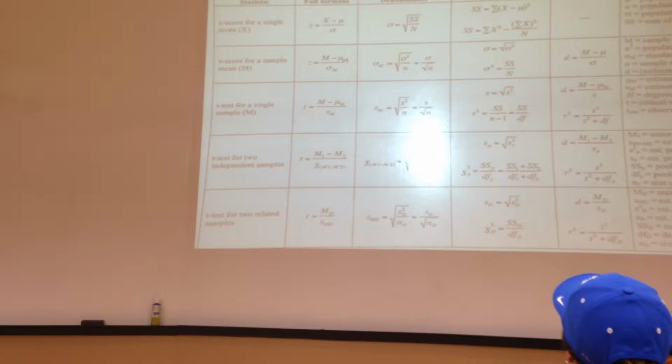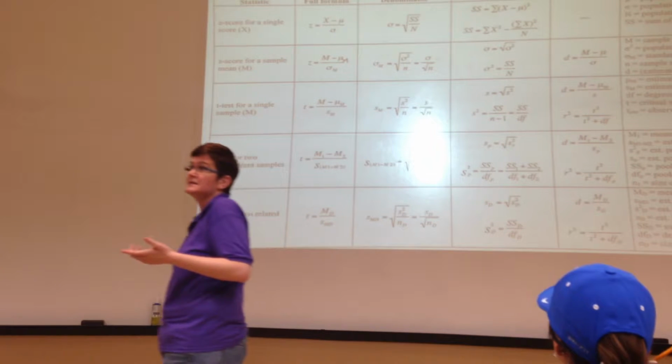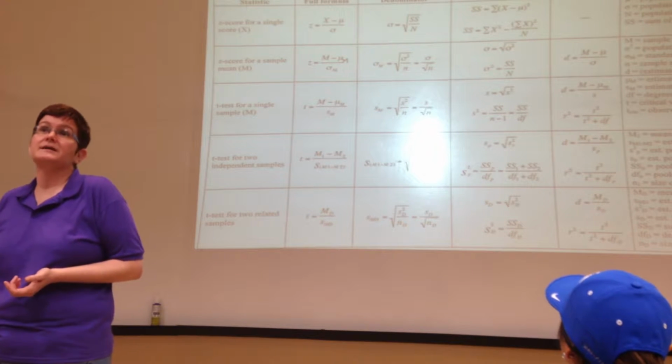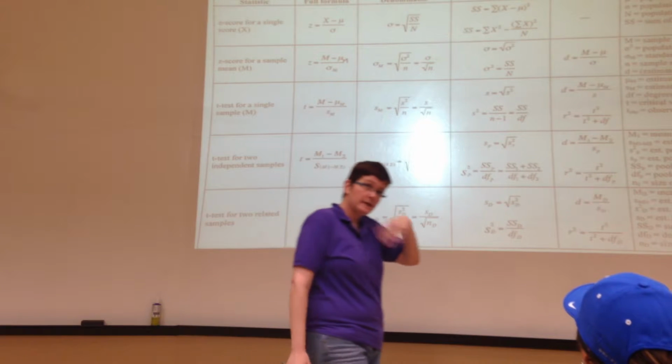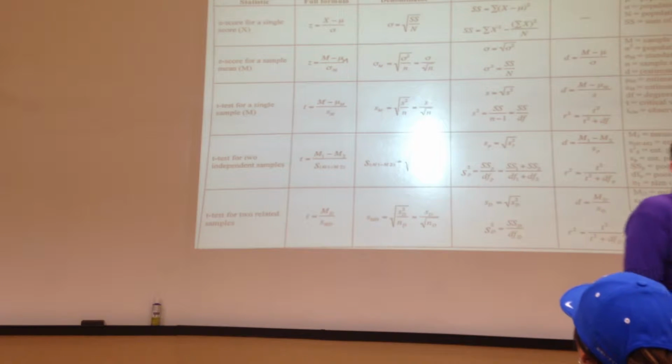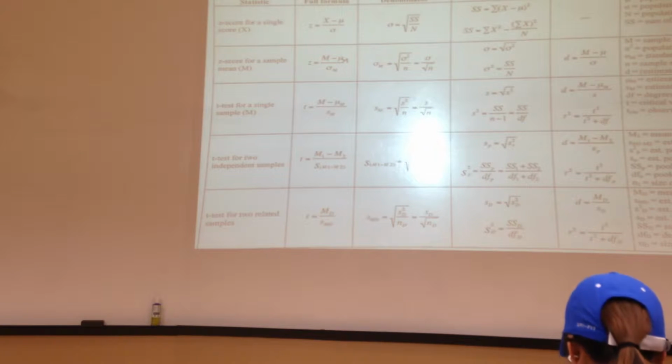In the denominator, we've still got that small s, that sample standard deviation, as the underlying statistic. But now we're going to have to do something with that, because we actually have two different samples, and each sample has its own standard deviation.